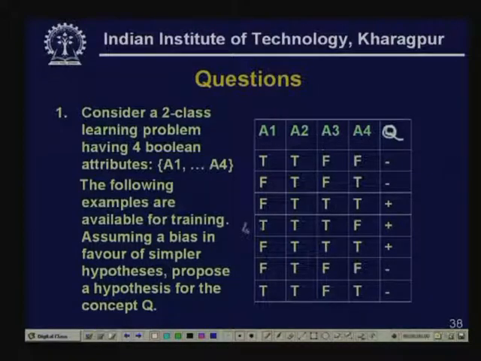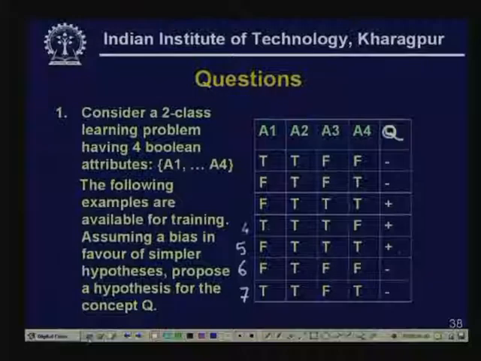Example 4, true, true, true, false, class is positive. Example 5, false, true, true, true, class is positive. Example 6, false, true, false, false, class is negative. Example 7, true, true, false, true, class is negative.